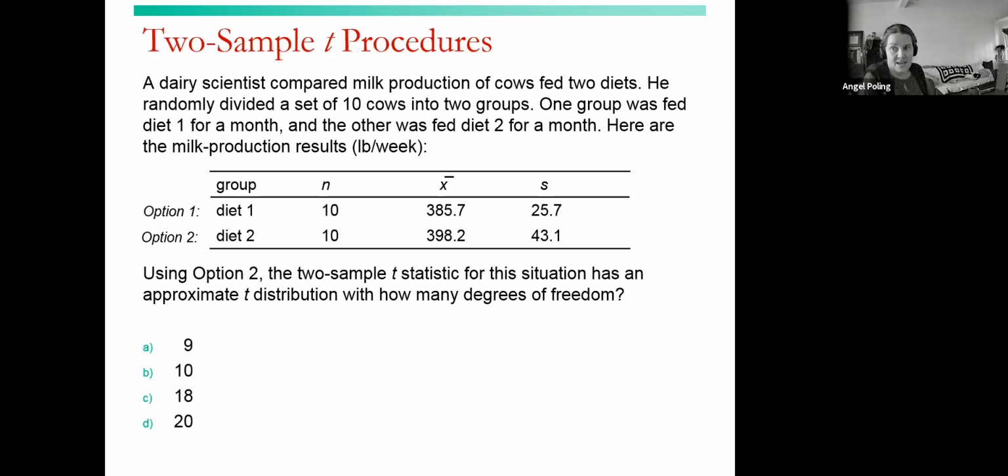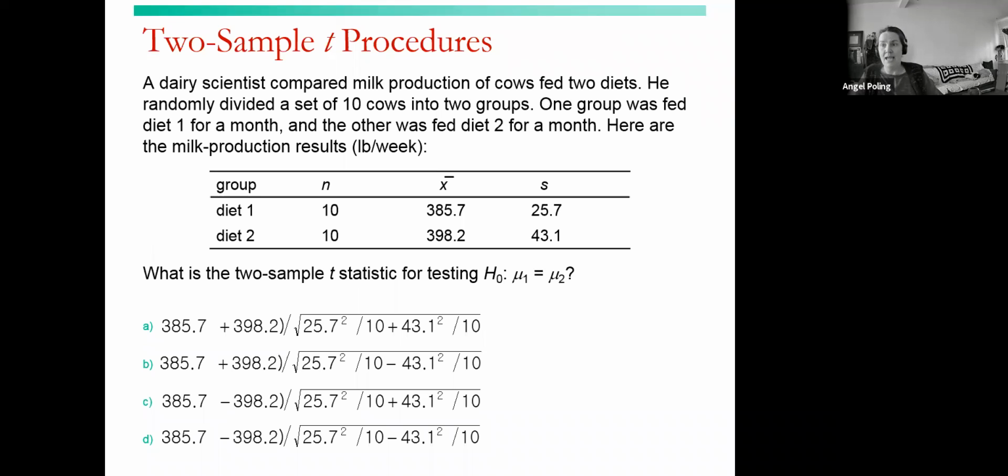And the sample size for the option 2 group, I don't like that they would use the word option there because that kind of implies our thing, but diet 1 versus diet 2, right? So for diet 2, again, we're looking at 10 minus 1. So both of those groups have degrees of freedom 9, which is the smaller of 9 and 9? Well, it's 9, right? So if they're the same, then it's just 9, right?